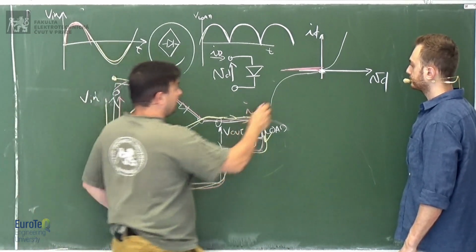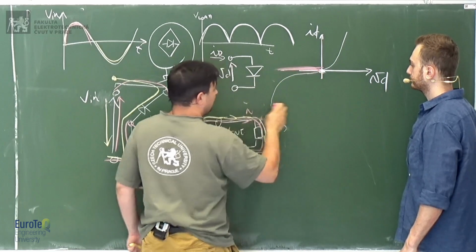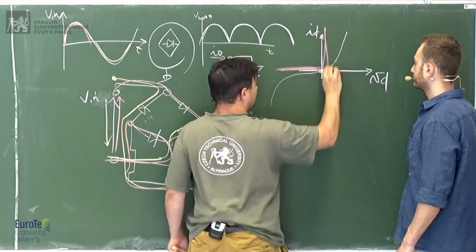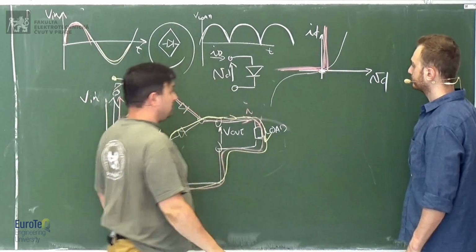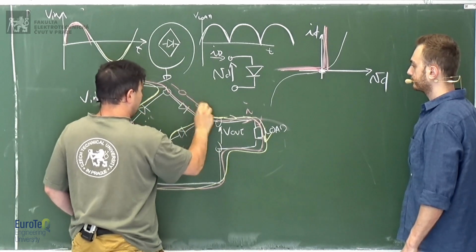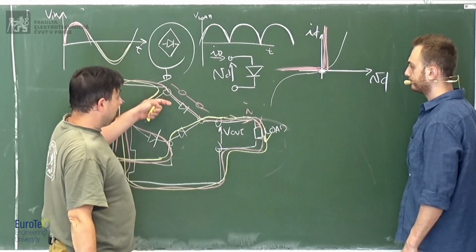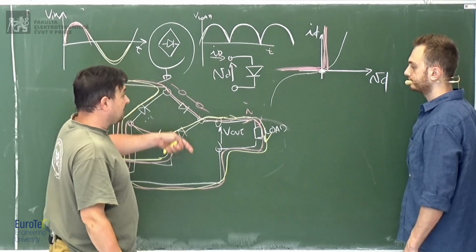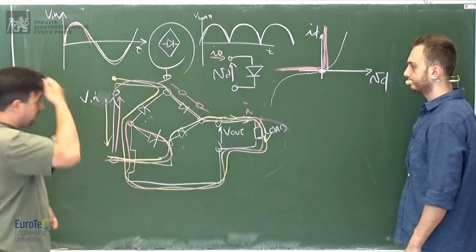So for negative voltage, zero, and as soon as the voltage tries to get positive, boom, they are short-circuited, okay? So the current passes and it is a short circuit, which means that there is no voltage drop, because the current can flow without causing any voltage drop.